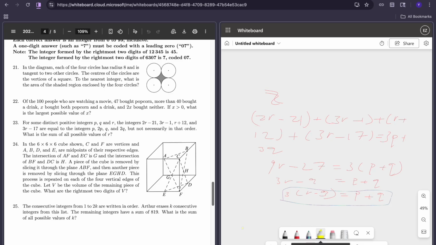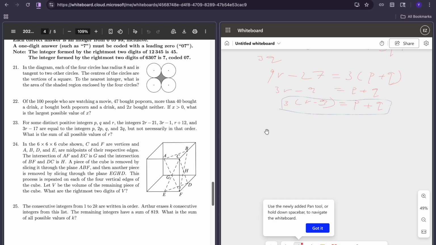And right now, we see here 2p and 2q. Since p and q are positive integers, 2p and 2q should be the biggest among the four. So while matching them up with 2r minus 21, 3r minus 1, r plus 12, and 3r minus 17, we should choose the two integers that are biggest among the four.